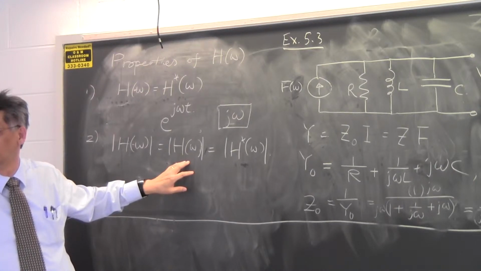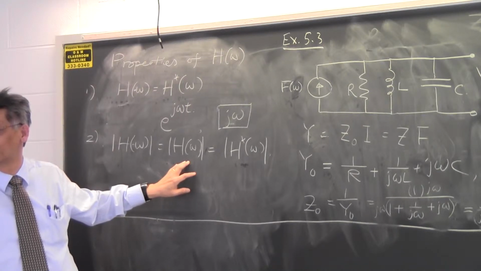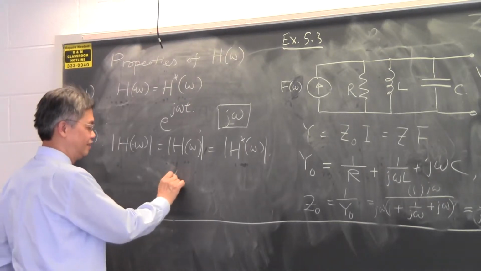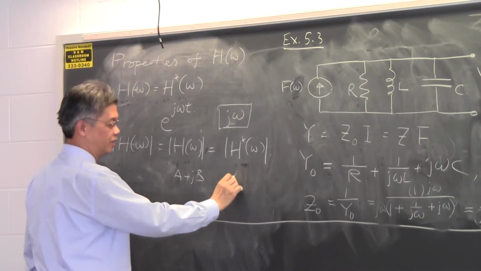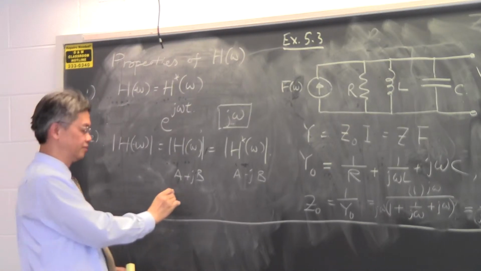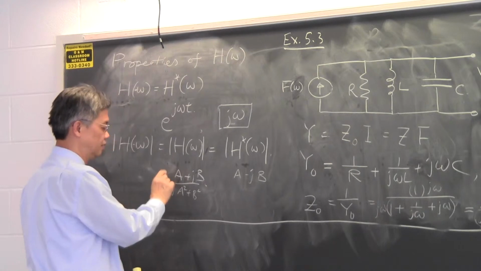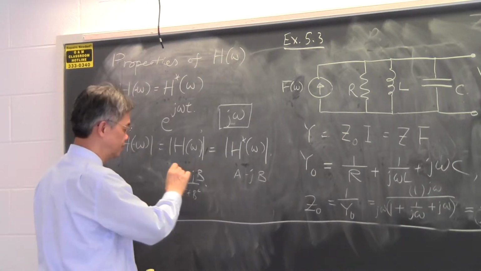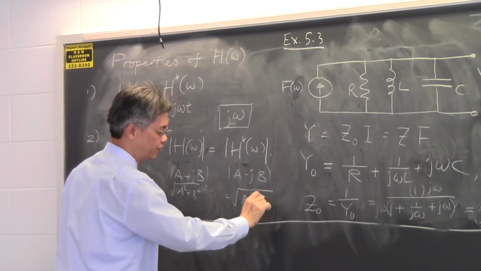There's no contrast. Think of it in Cartesian form. If I have a Cartesian form, a plus jb, if this is my H, the conjugate will be a minus jb. And you can find the magnitude of this: it's the square root of a squared plus b squared. If you find the magnitude of the conjugate, it's also equal to the square root of a squared plus b squared.